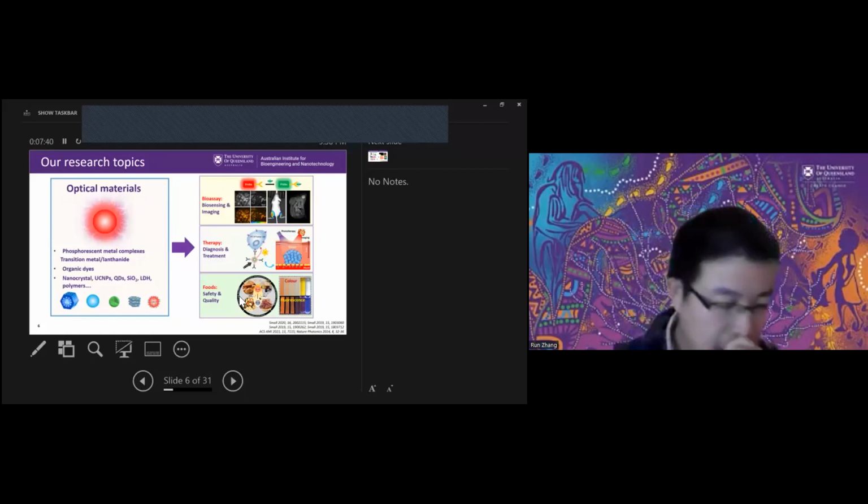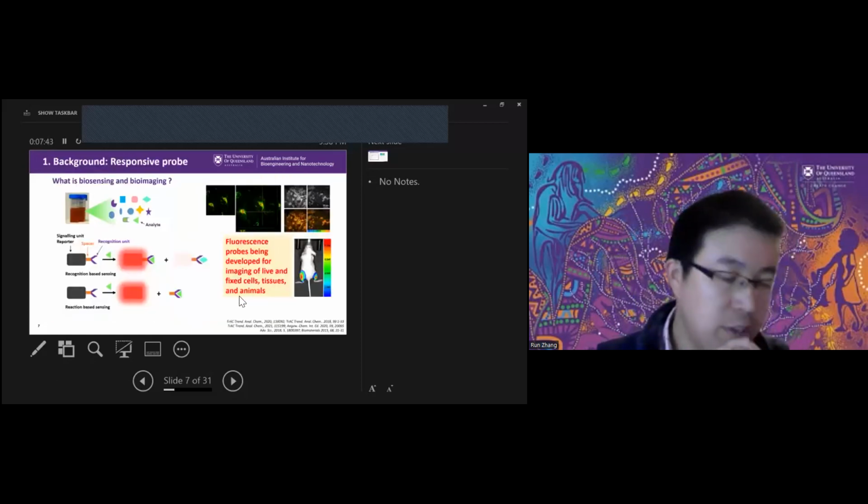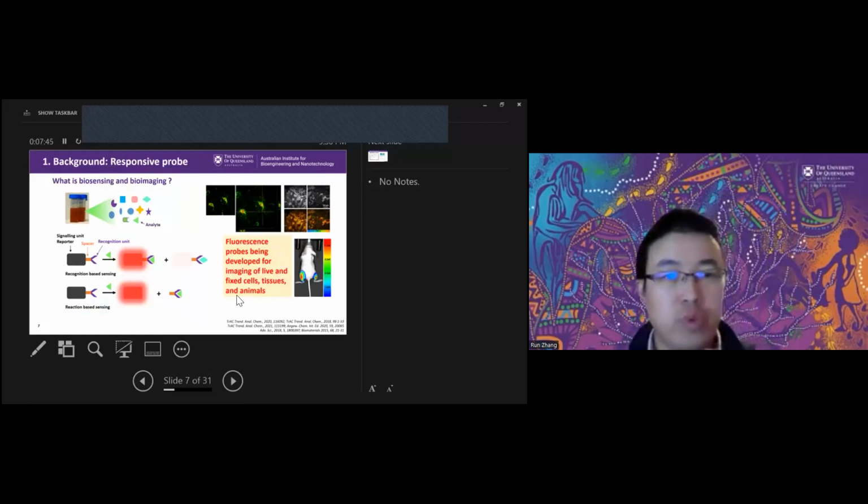So what kind of biosensors or information is used in our research? We can see here the principles of our responsive probes. For example, if we want to know the information or levels of this type of analytes in biological samples, what we can do is design these probes, and normally the probes have 3 parts.